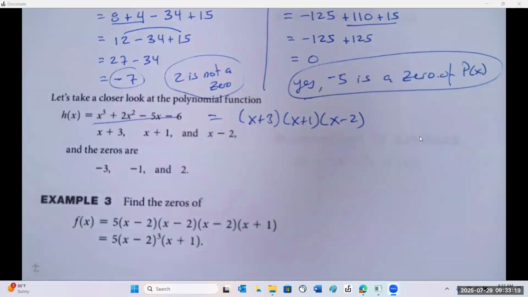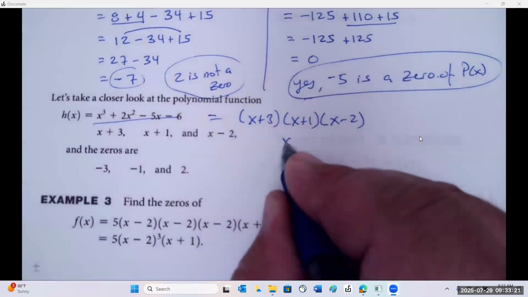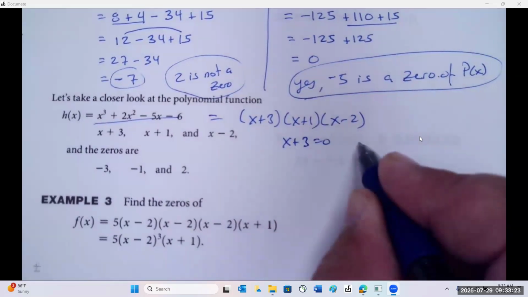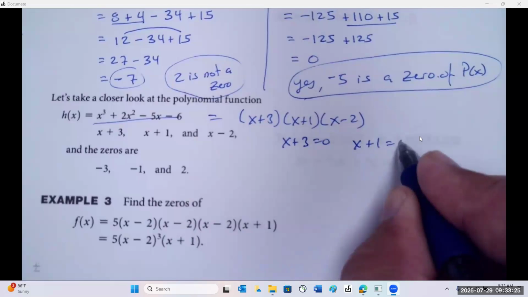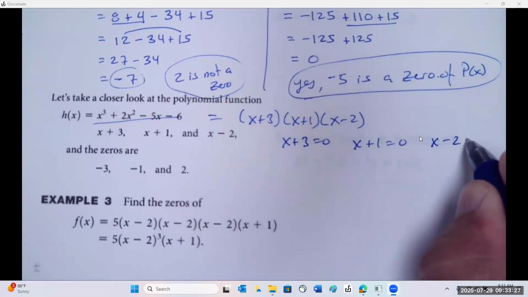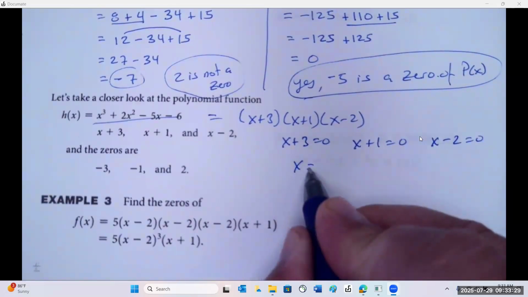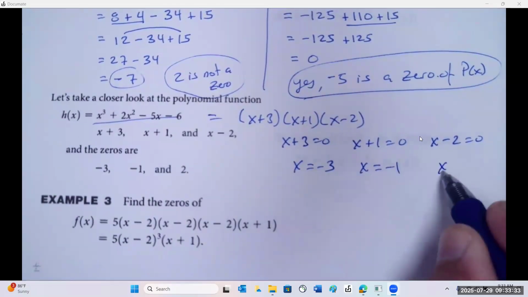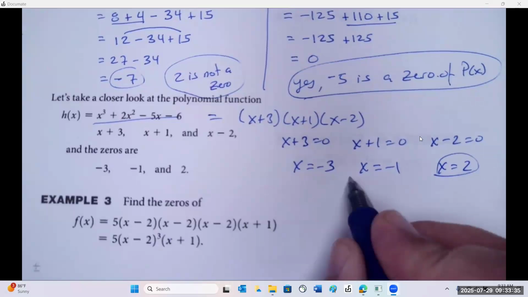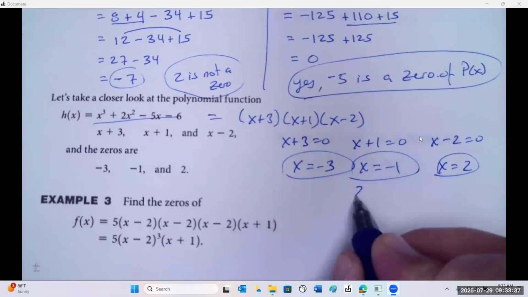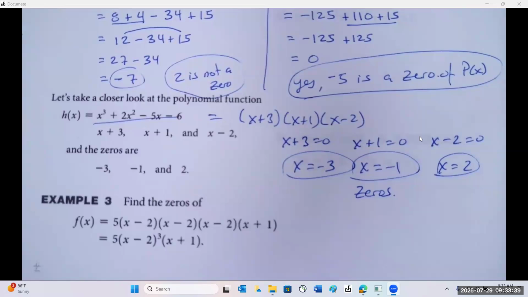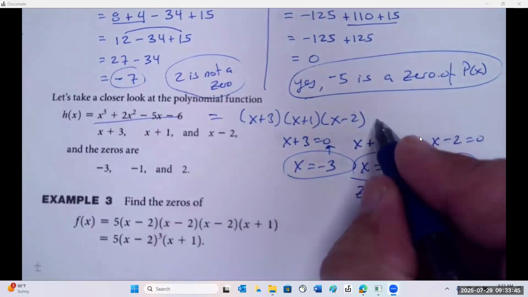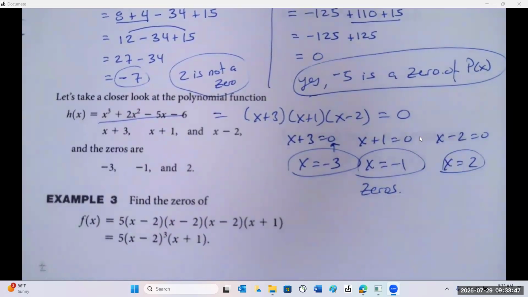Once you have the factors, you set each factor equal to 0. Whatever makes them 0 are my zeros. These are the zeros, because they make this equal 0.